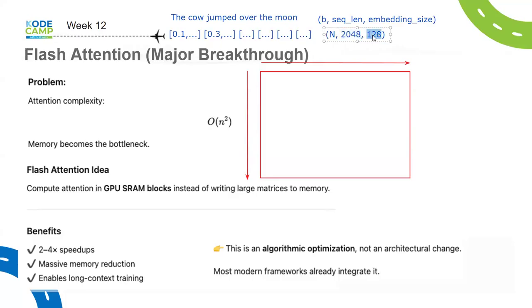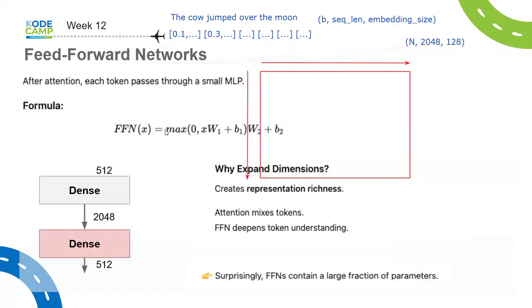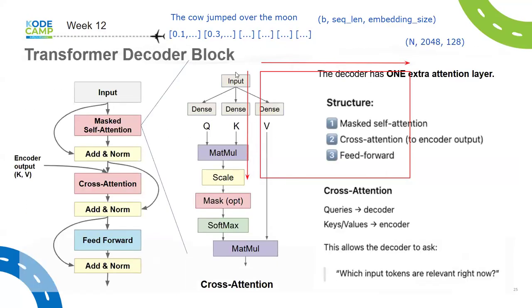And then 128 is the embedding depth. This is the input we see when we're looking at this, and we're saying this input has the shape N, 2048, 128.